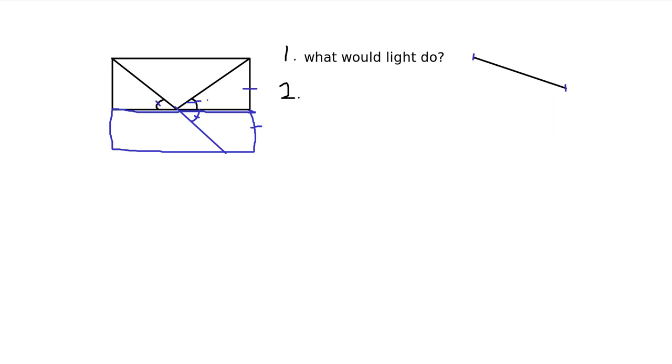And then what we know is that this would be a straight line from here to here. So let me try drawing something a little better. So now I have a much better reflection.